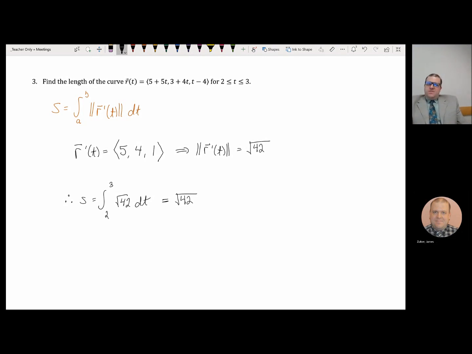Because the difference was 1, and because it's a constant that we're integrating, it's root 42 times the length of that interval, which happens to be 1, right? If say 2 to 8, it'd be 6 times root 42. All right. Okay, there's another arc length.